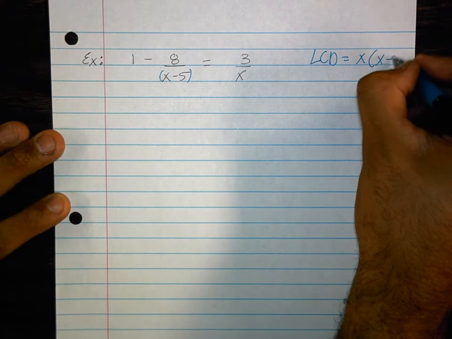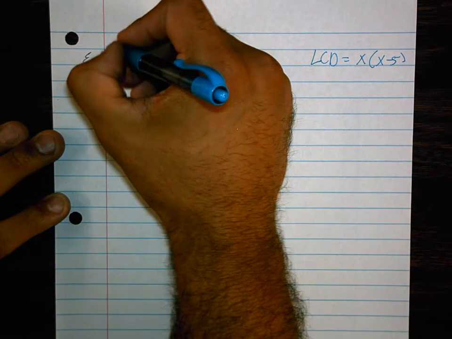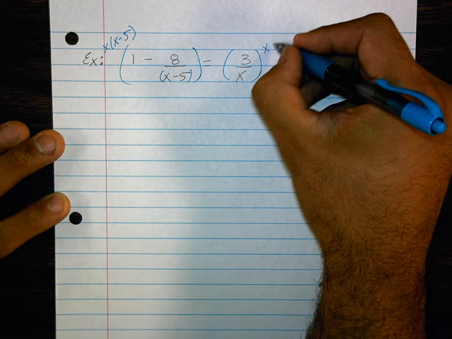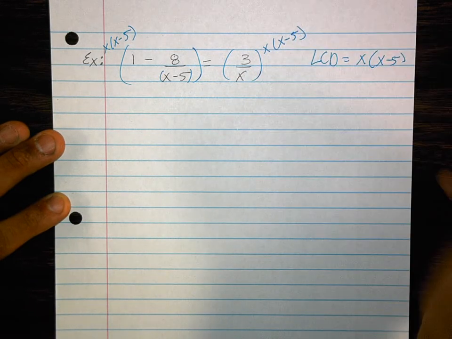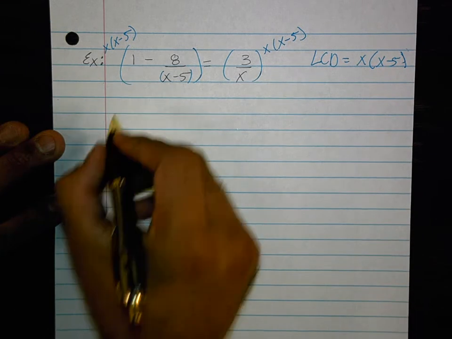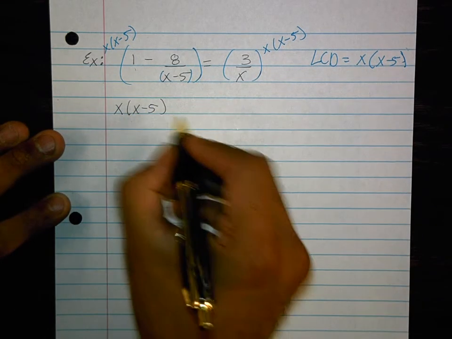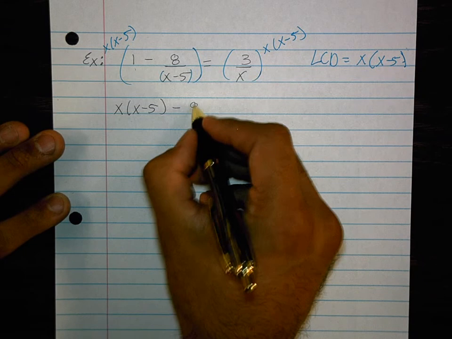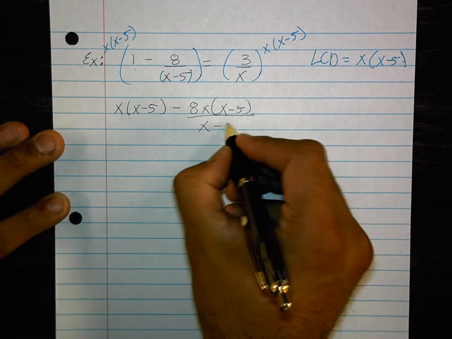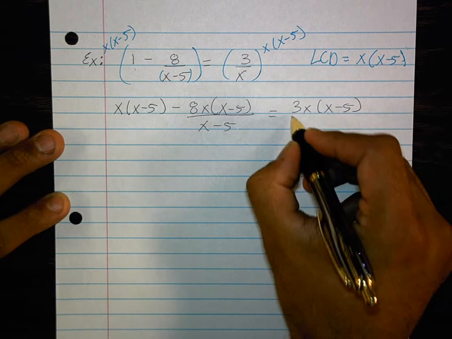It's going to be x times x minus 5, and it has to be multiplied to both sides. So over here, this times 1 is x times x minus 5, minus 8x times x minus 5 all over x minus 5, equals 3x times x minus 5 all over x.